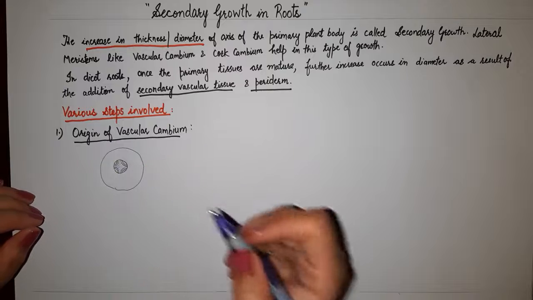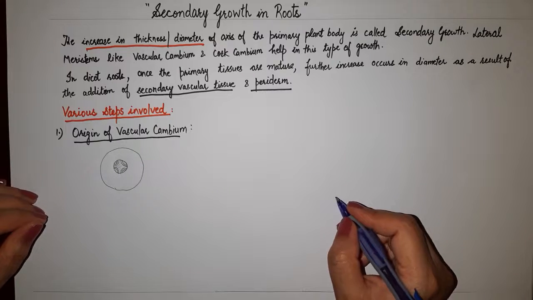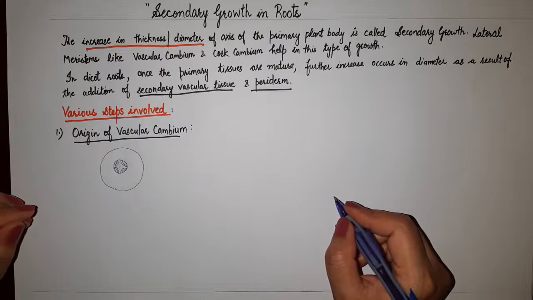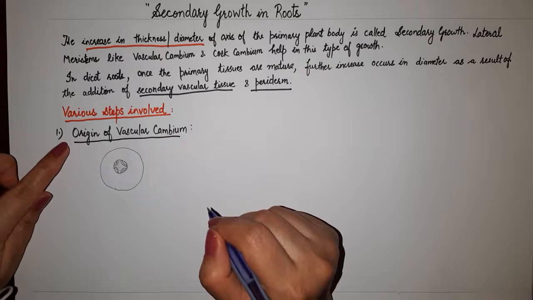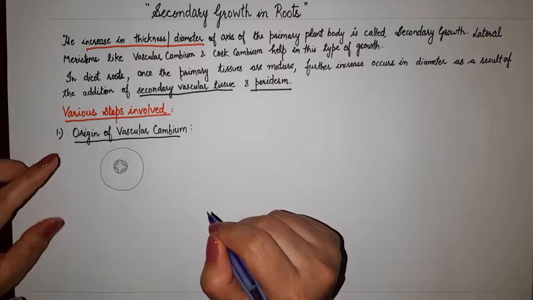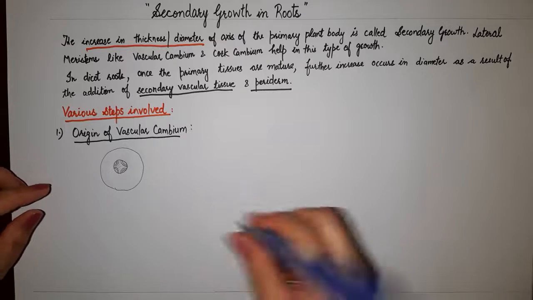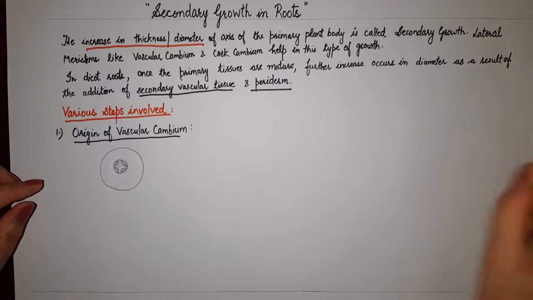This type of vascular bundles are called radial vascular bundles, okay, and there is no cambium present. So the very first step is the origin of vascular cambium. So how it would originate? Okay, the diagrams we'll draw later on.